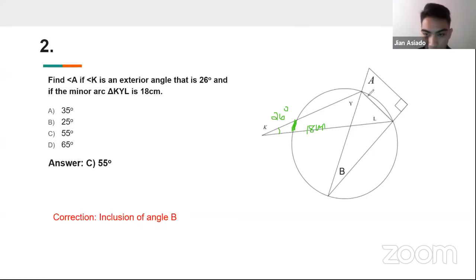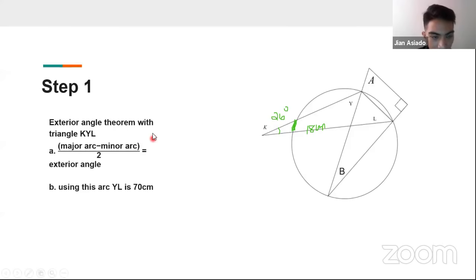Ayan. So ito naman, may correction din dito, no? Kasi sa manual na pinamigay, walang B dito, but this is important. So okay, what do we do here, no? Ang gagawin natin, yung exterior angle theorem, no?